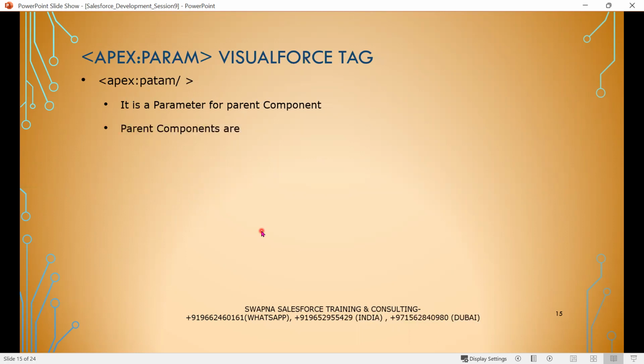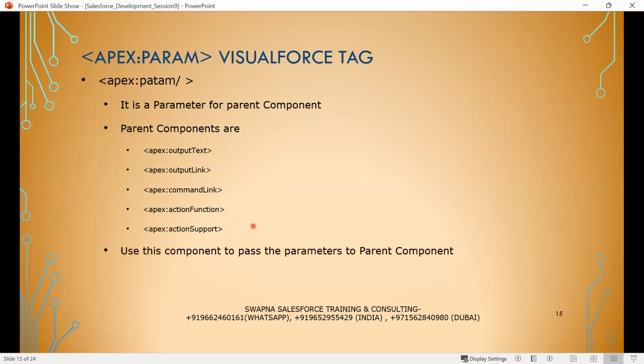There are multiple parent components: output text, the one which we are discussing right now, and also output link, and also we have command link, action function, action support. We have learned output text and output link. Within the output text and output link, we can use apex param. It is basically a child component of the parent one. Whenever you want to pass a parameter to the parent component, we use apex param, and we use this component to pass the parameter to the parent component.